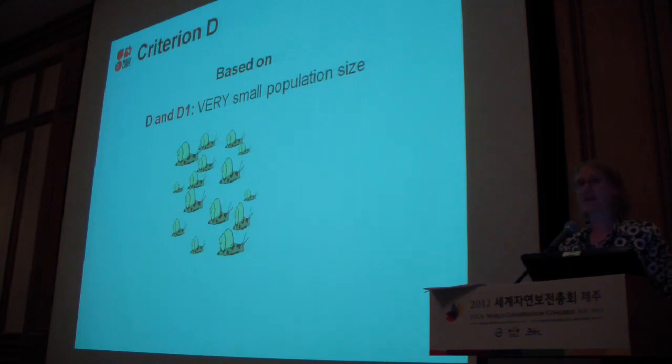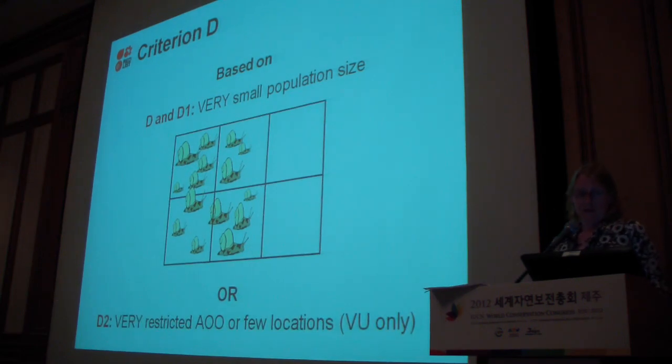For endangered, if you've got less than 250, that's fine, qualifies for endangered under D. Criterion D2 is based on having a very restricted range or very few locations and a plausible threat being in place.